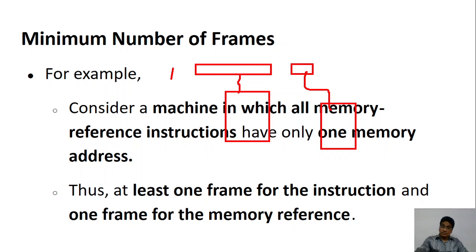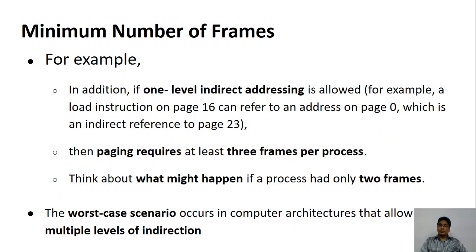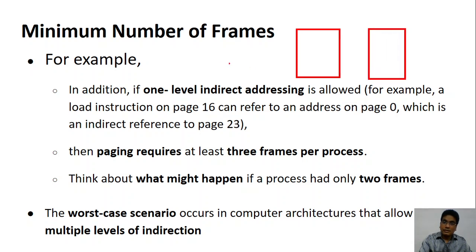Now let's assume that there is one level of indirection. What's the meaning of saying one level of indirection? Suppose you are trying to refer to a location, and the instruction says refer here. It goes to one of the pages. That page contains only the index to the actual data.